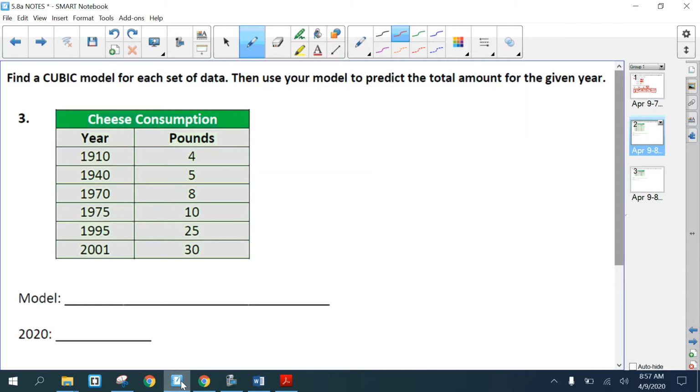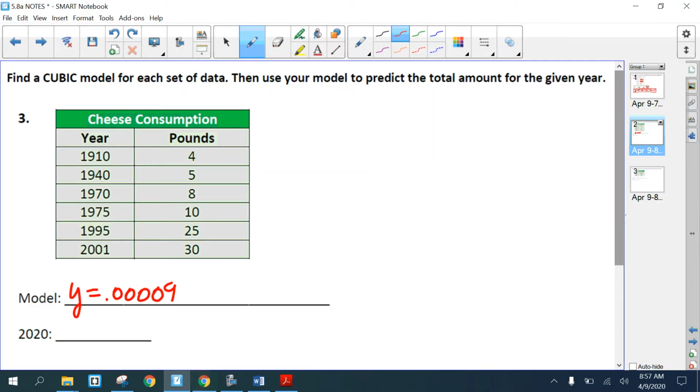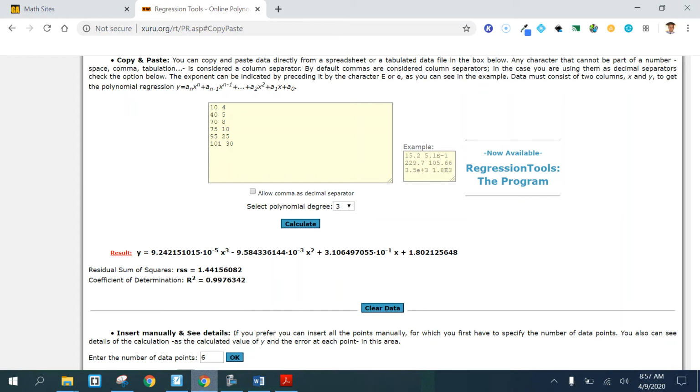So let's just call this y equals 0.00009 x to the 3rd, because it's cubic. So here, let's round off to 5 decimals for each of these numbers. The next number for the x squared term is times 10 to the negative 3rd.